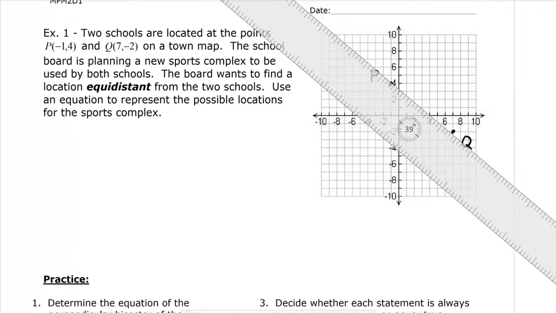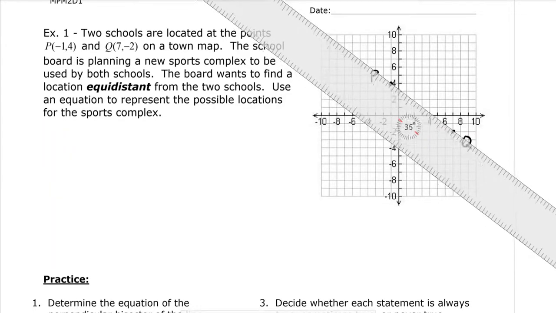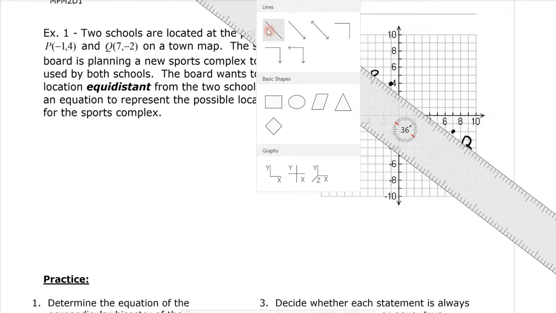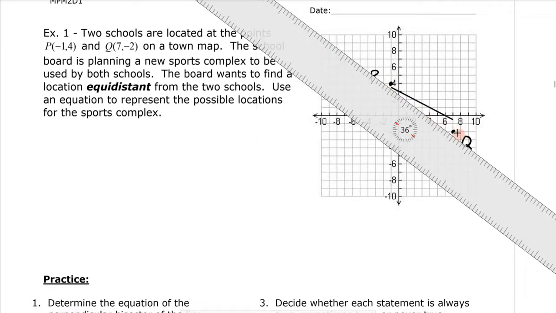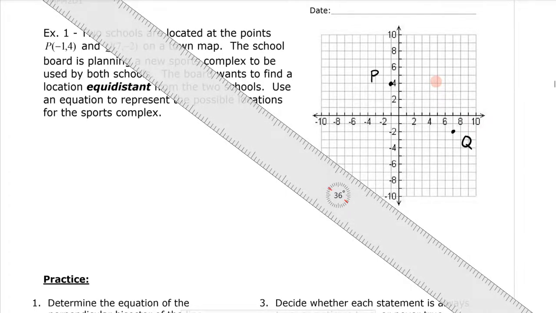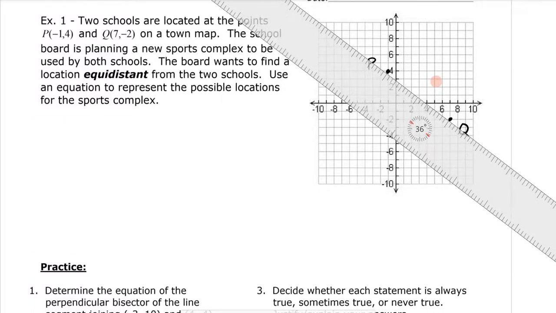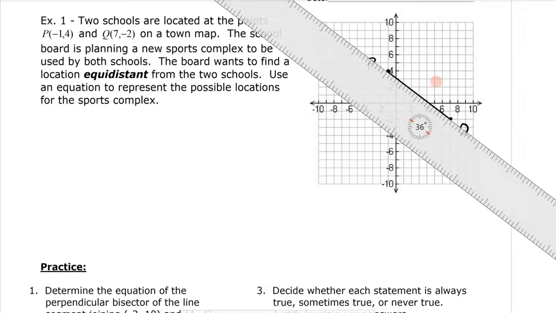So the strategy we're going to use is we're going to find the midpoint of P and Q. Okay, let me try drawing it again with the ruler. There you go, much better.